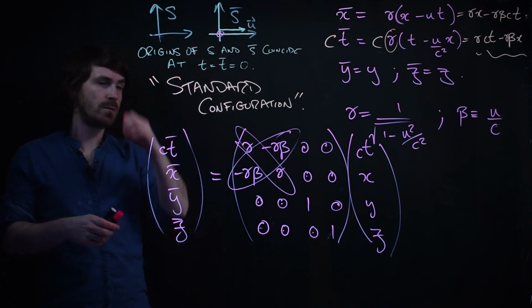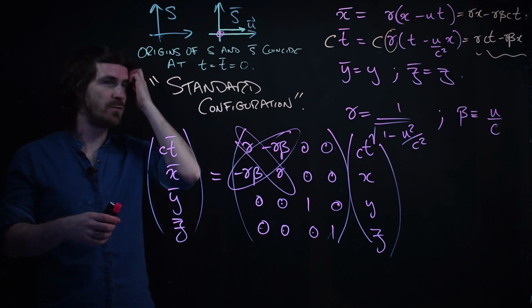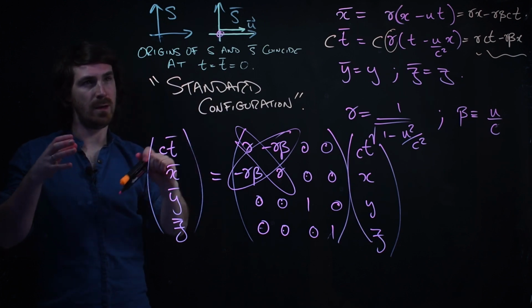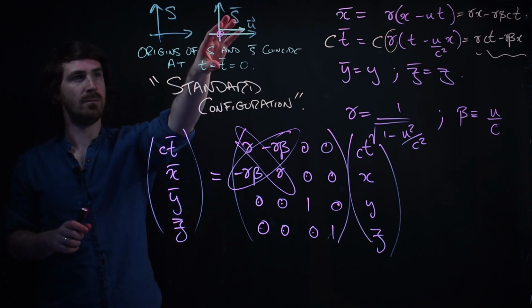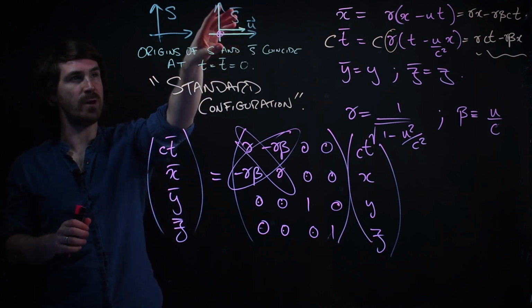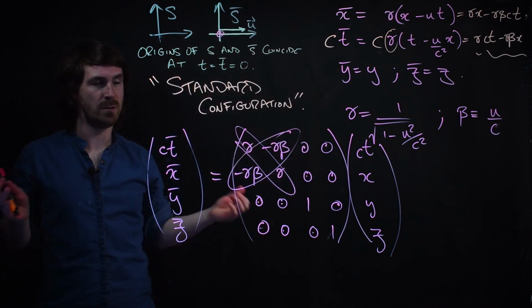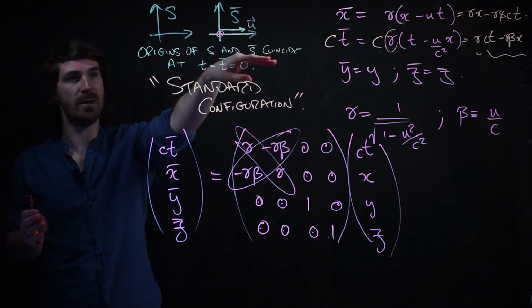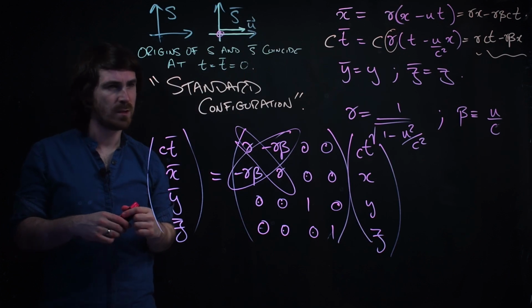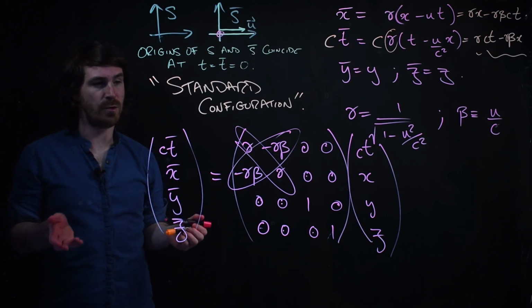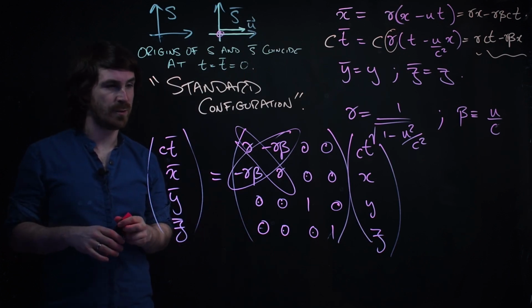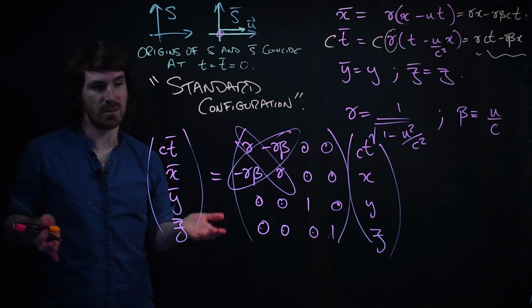In your notes, we also go through the Lorentz transformation in a general case where the frame S bar moves away from S in some general direction, not just along the x direction. So this will be the vector form of the Lorentz transformation. I'm not going to go through this here because it's a bit tedious.